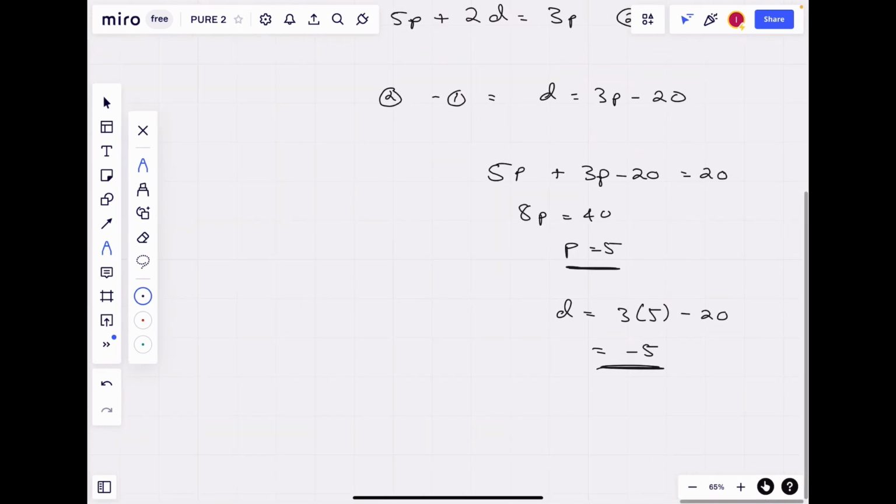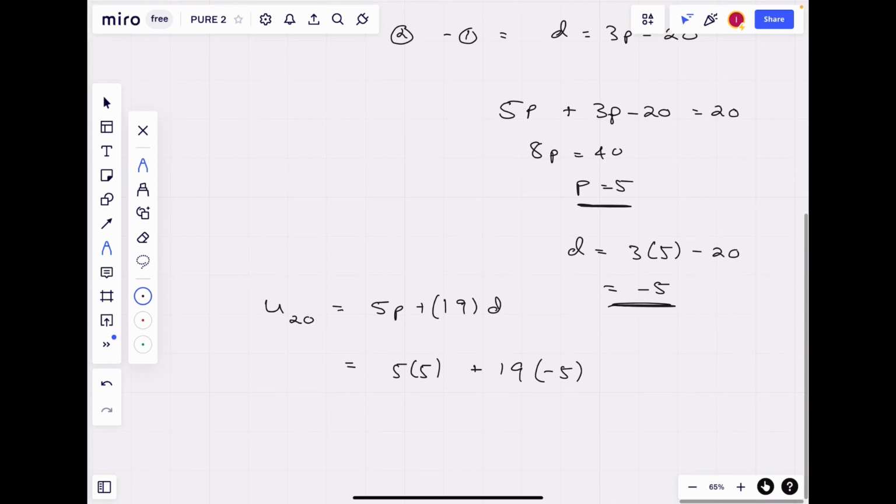We want u20. u20 is going to be 5p plus (20 minus 1), which is 19, times d. So 5 times 5 plus 19 times minus 5. So this simplifies to minus 70. And there you go. That is how you do arithmetic sequences.